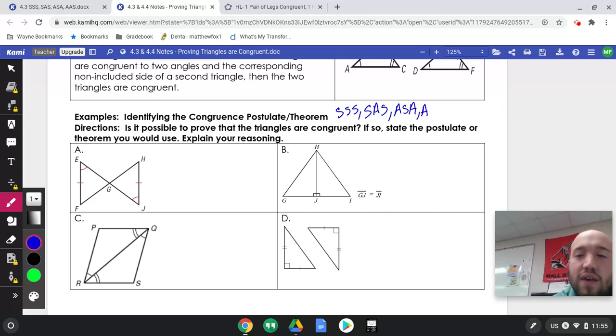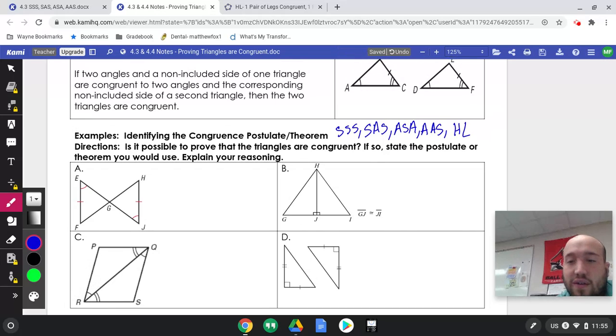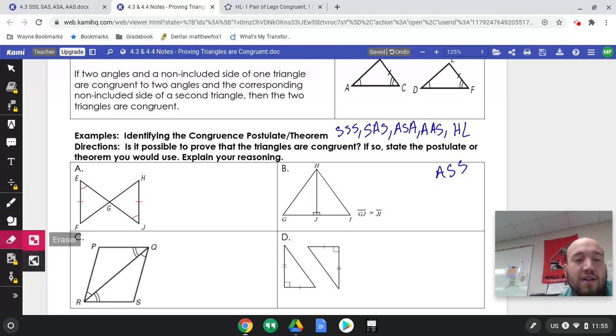We have AAS for angle, angle, side. And then the final one, HL for hypotenuse leg. Now remember, the one we can't have, okay? Angle side side does not work.